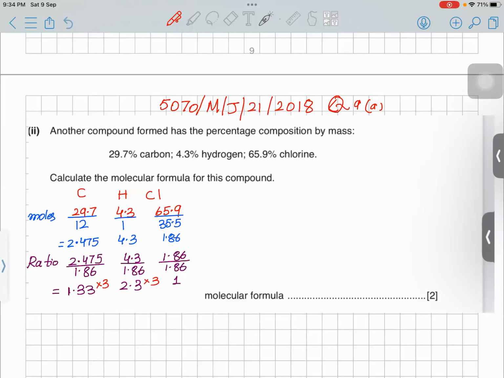Whenever you have 0.33, multiply by 3. Now, can you tell me what 1.33 multiplied by 3 is? 4. Yes, sir.